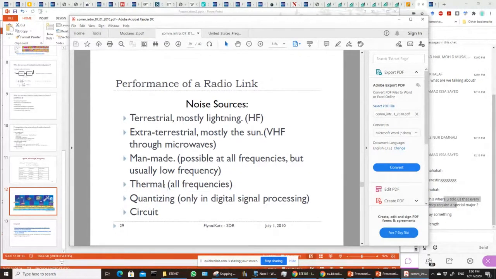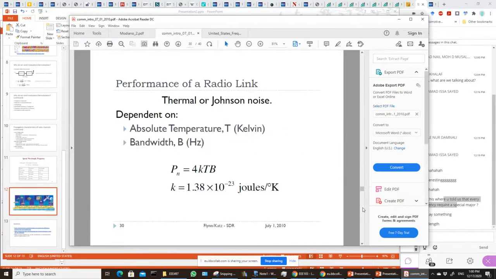They just move around for no reason. Quantization noise, because you only have a finite number of bits on the computer, right? You can write 10.1115, but you can only go to a certain point, and then the rest of it you have to truncate. So this is about storage. And circuit noises as well, and circuit interference, self-interference in the circuit.